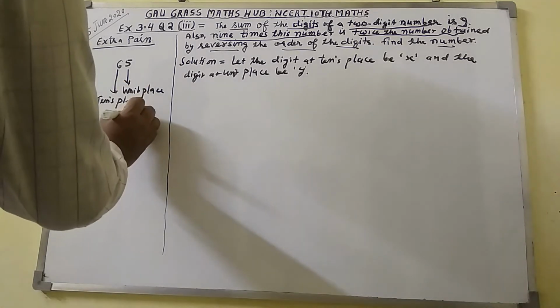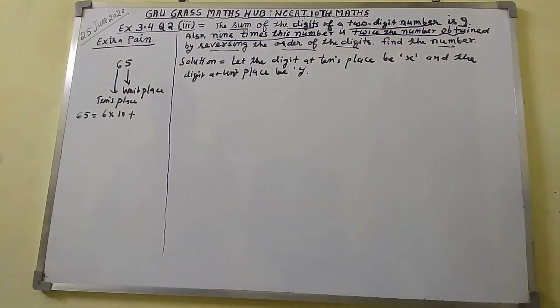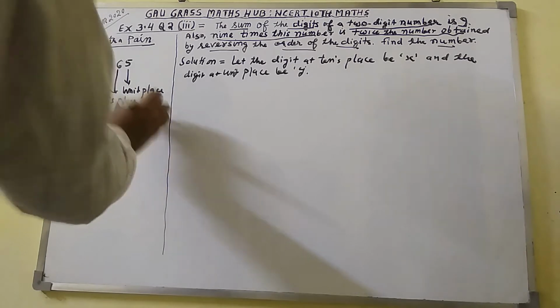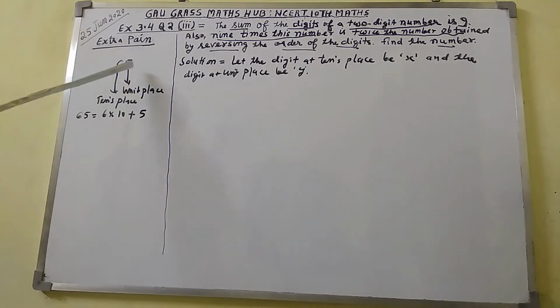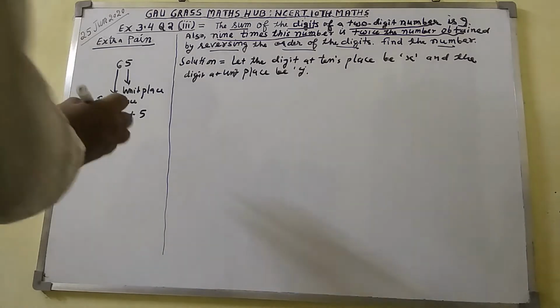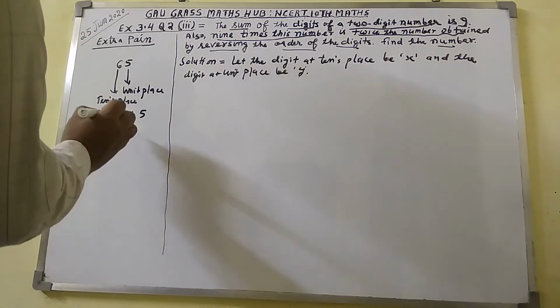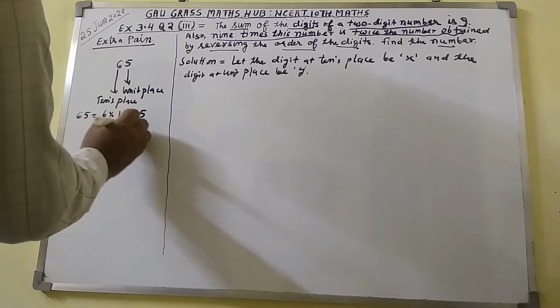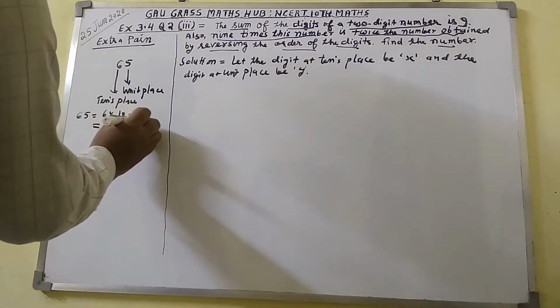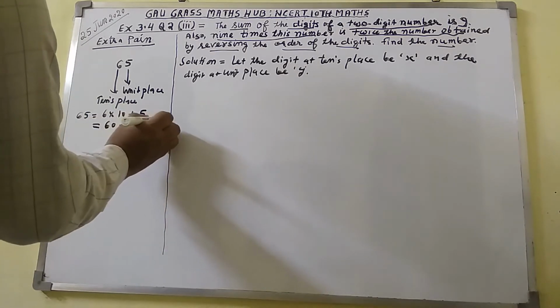After that, you add 5, because 5 is at unit place. So 65 equals 6 into 10 plus 5, that is 60 plus 5, which comes out to 65.